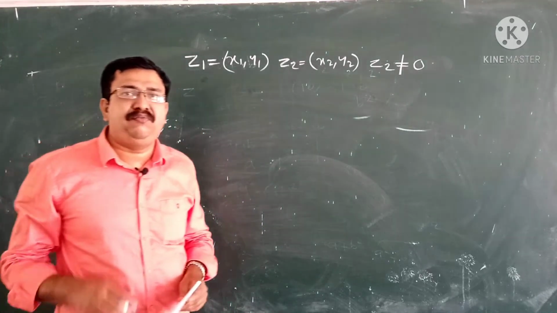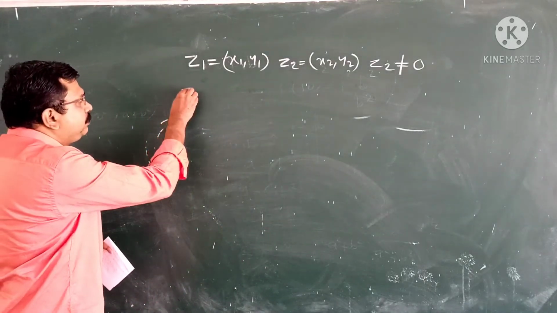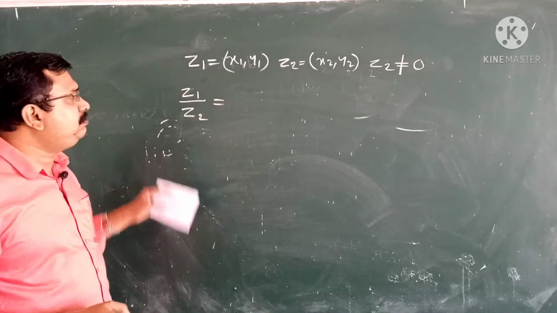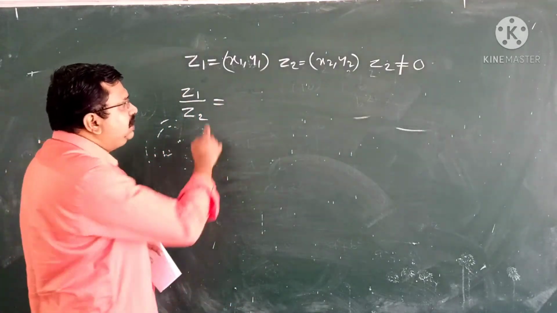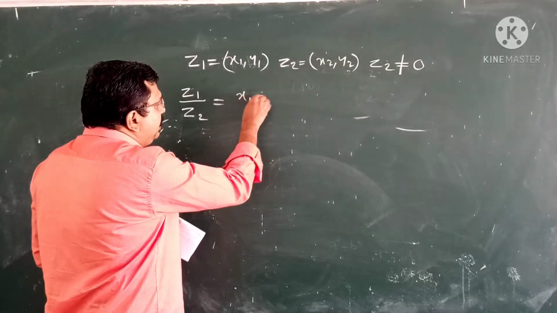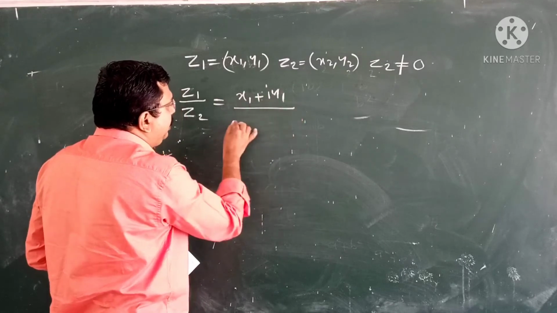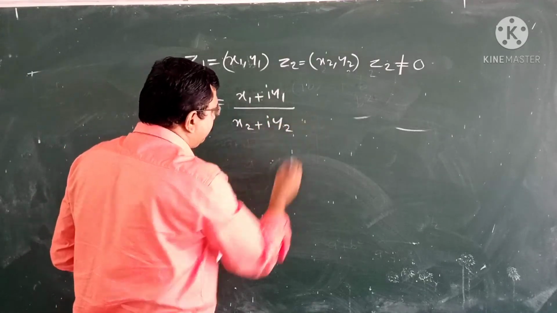Now we are going to find the value of z1 by z2. That is division by another non-zero complex number. z1 by z2 equal to (x1 plus iy1) divided by (x2 plus iy2).